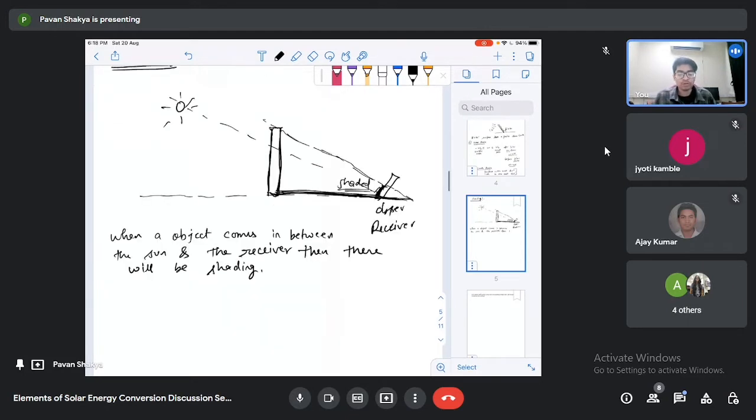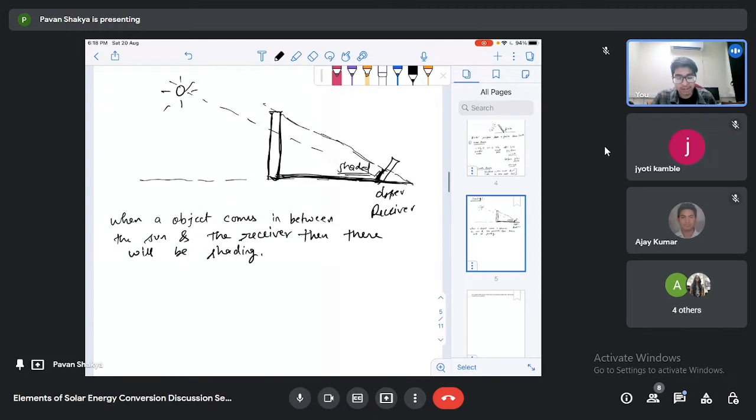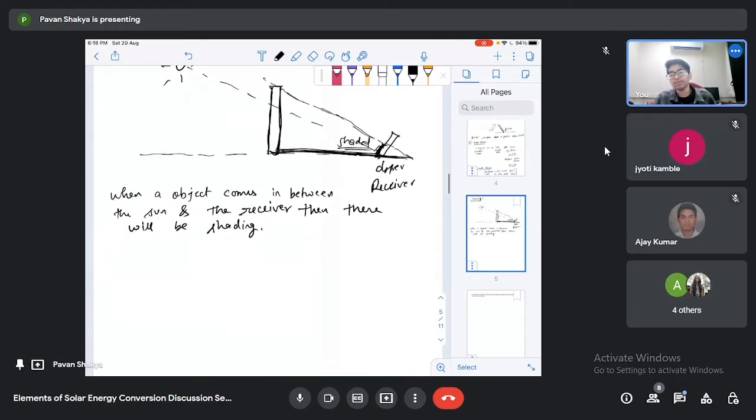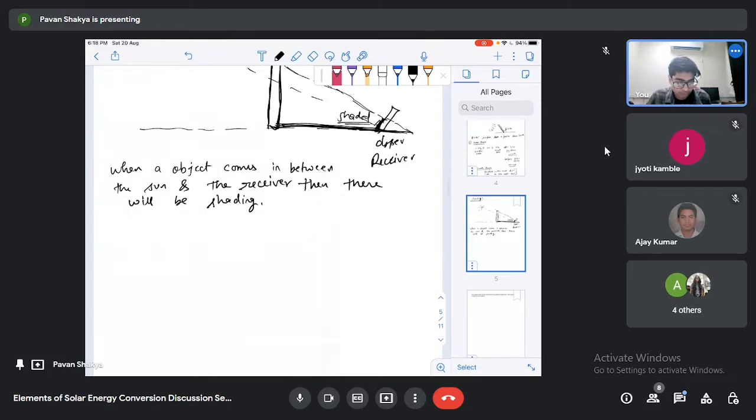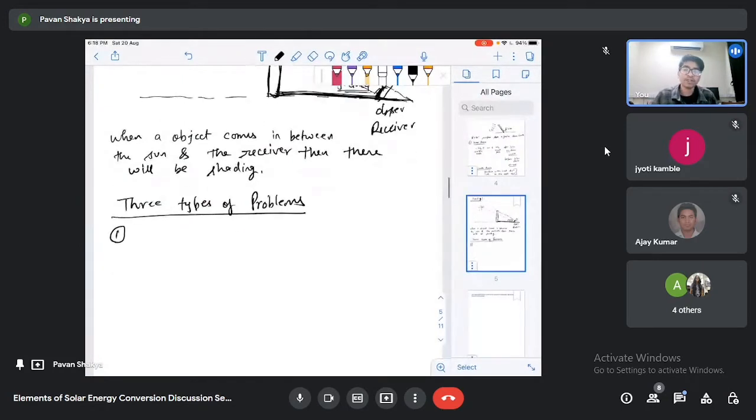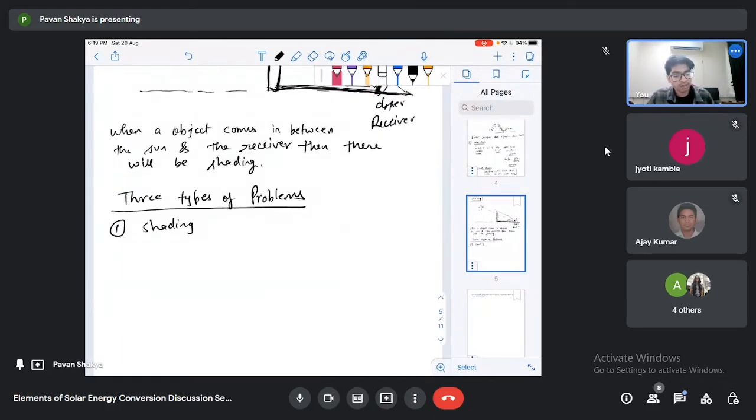More often you will find three types of problems in shading.